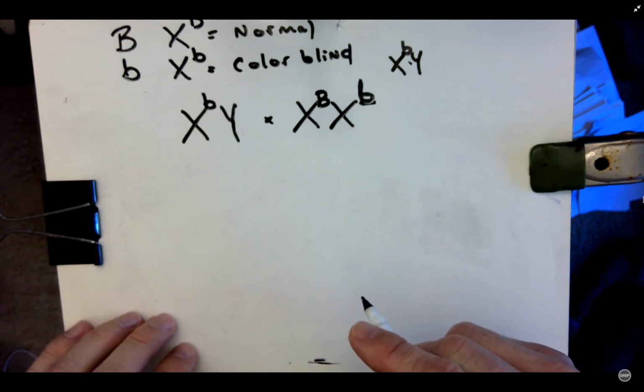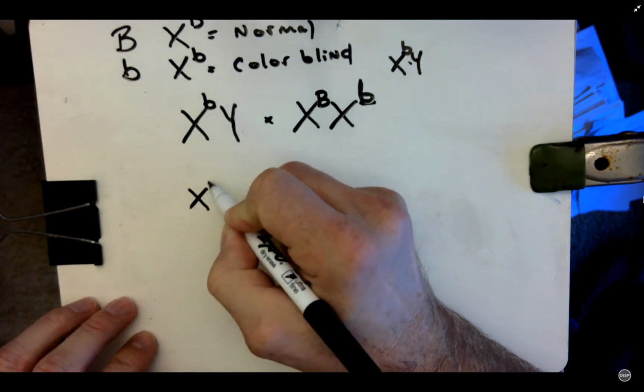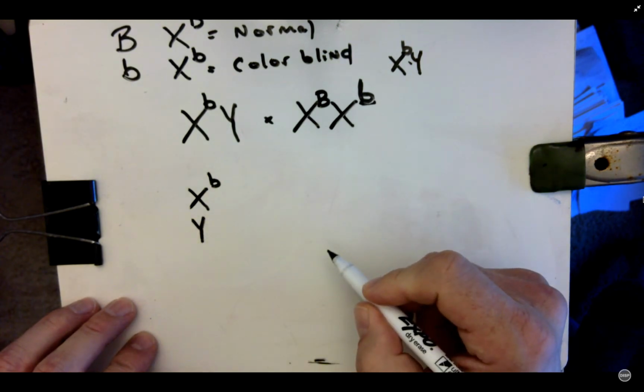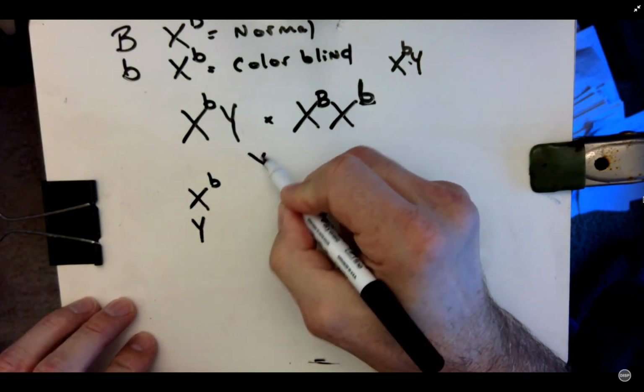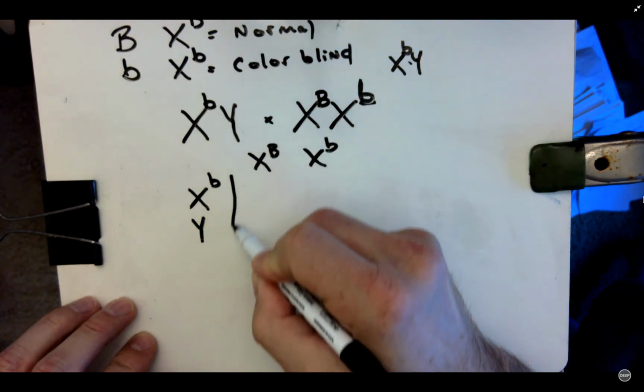So the types of sperm that can be made is two. It could be an X sperm and it can be a Y sperm. And the two types of eggs can be an X^B egg and an X^b egg.